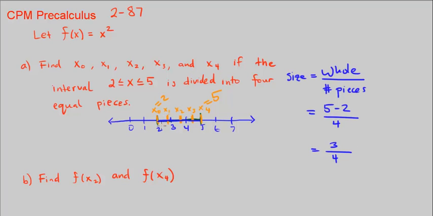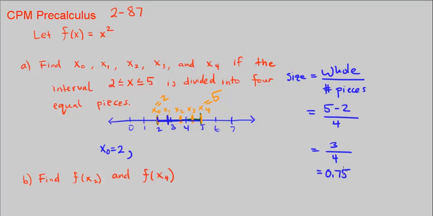So the length of each one of these regions is, instead of going to 3, just going to 3 divided by 4, which is 0.75. So I'm going to start with x sub 0 equal to 2.